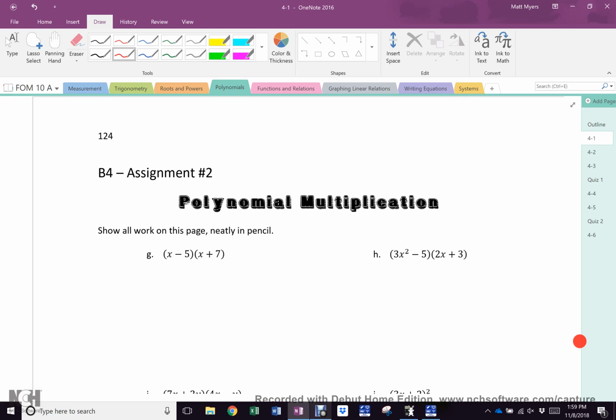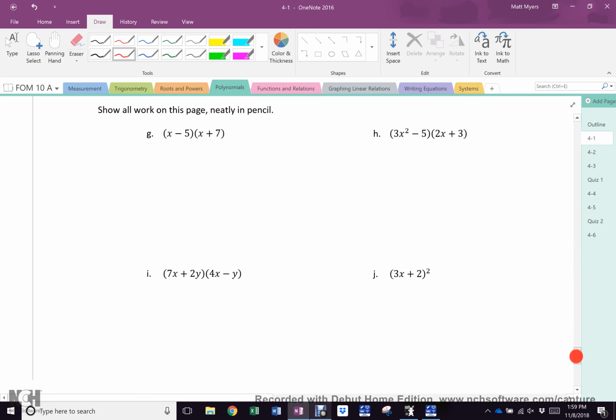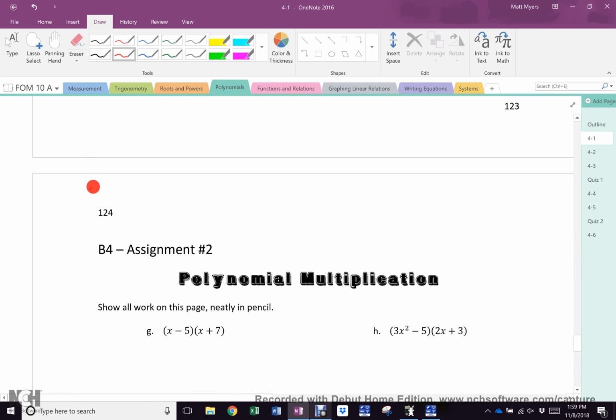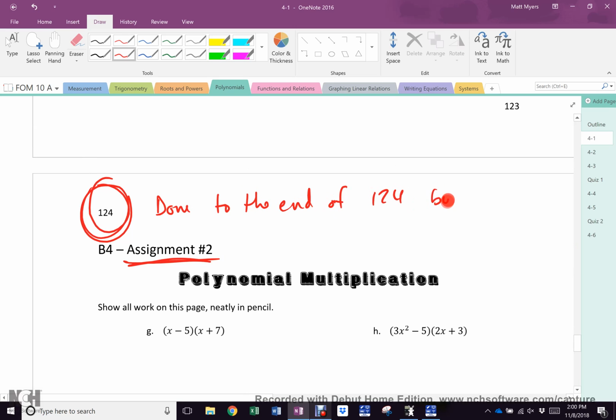Because on Tuesday when you walk in, we are going to do 124. We are going to mark it as an assignment. Does everybody understand? So you need to be done to the end of 124 by Tuesday.